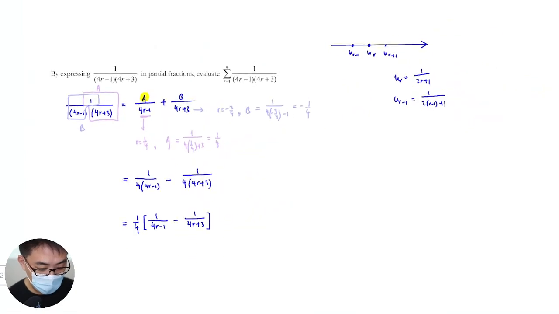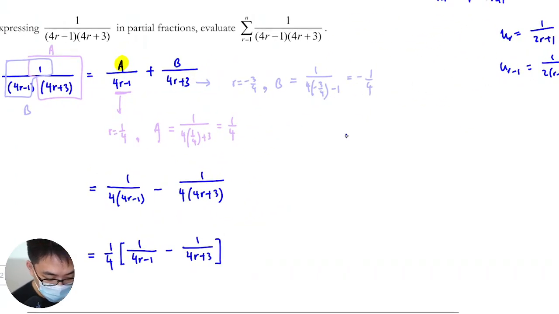So in other words, if you want to find this sigma notation here, we just use the partial fraction.